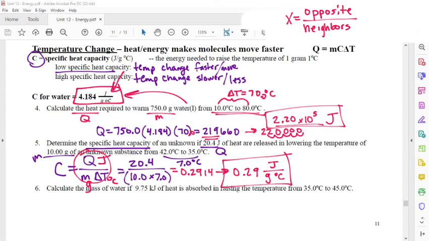And last but not least, we want to calculate the mass of water that is going to undergo a temperature change. So opposite over neighbors means now I'm going to take this Q and this temperature change of 10 degrees Celsius, and this is still water, so I'm going to be using that same C, and plug in all of those numbers in.